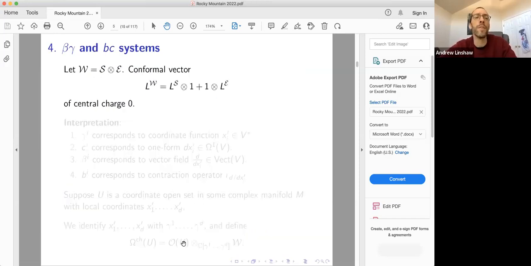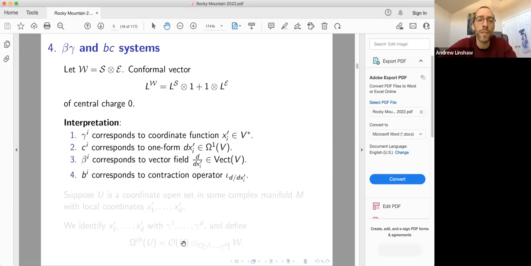Okay, so W will be the tensor product, the beta gamma system tensored with the BC system. And I'm going to give it the conformal vector which is just the sum, the diagonal vector, which has central charge 0. Okay, so I want to interpret these fields geometrically. So the interpretation is that gamma i will be a coordinate function on V star. So this will just get identified with the x prime i.